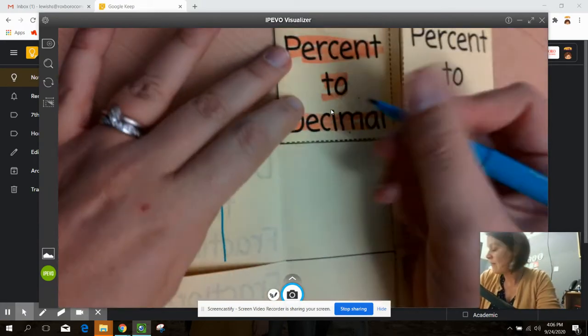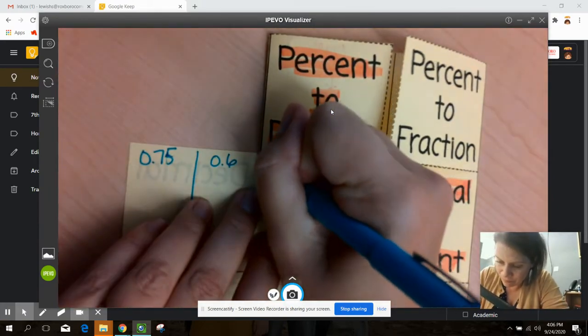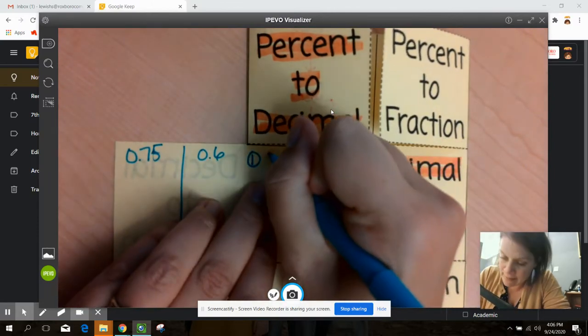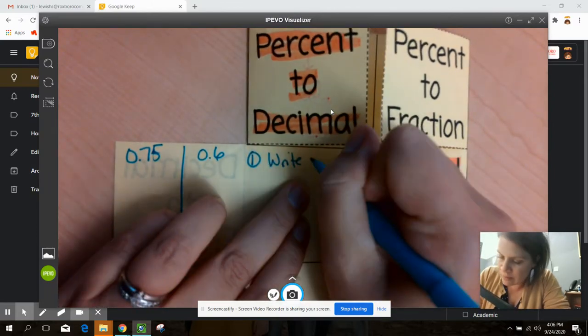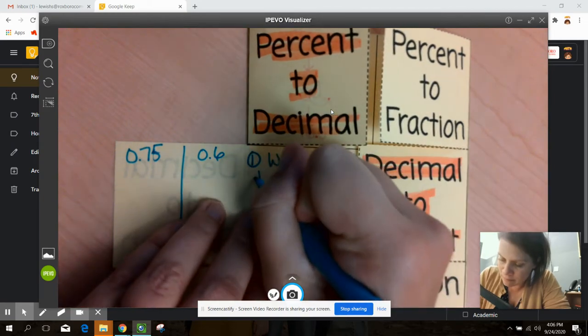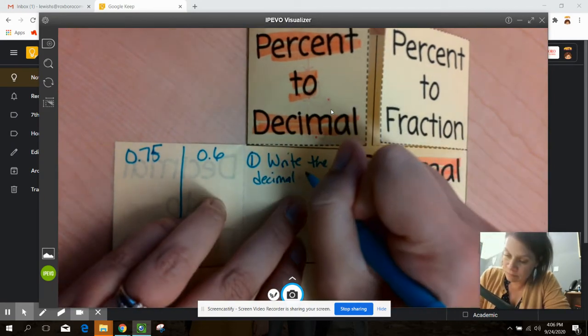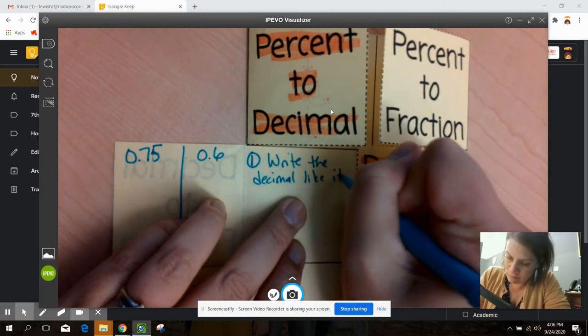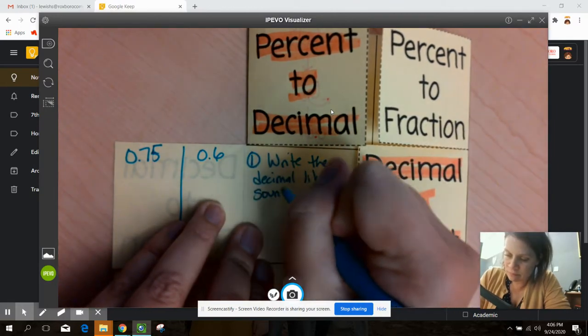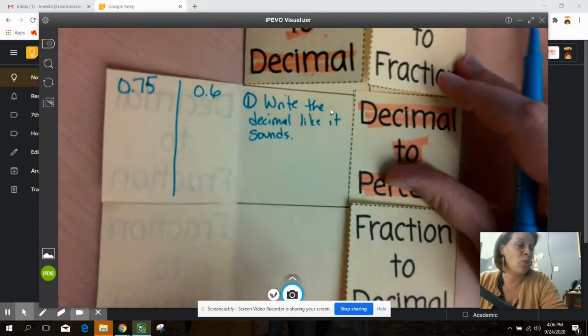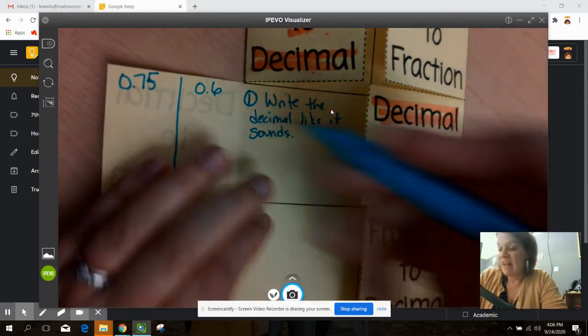So the first thing we have to do is we are going to write the decimal like it sounds. Okay, we're going to write the decimal like it sounds, and then we would simplify.